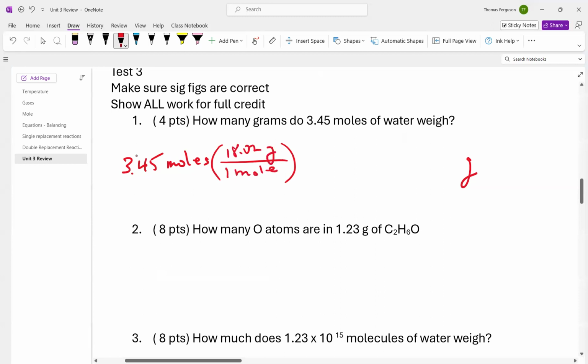And that value comes from the periodic table. Two hydrogens and an oxygen, 18.02 grams per mole.